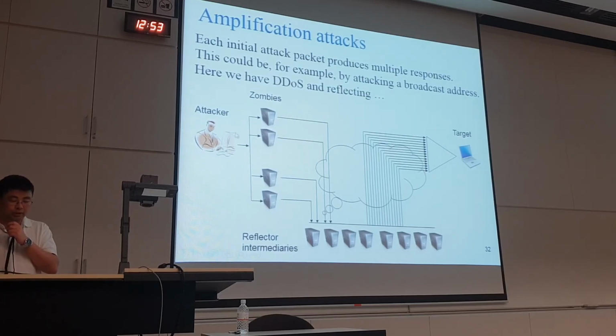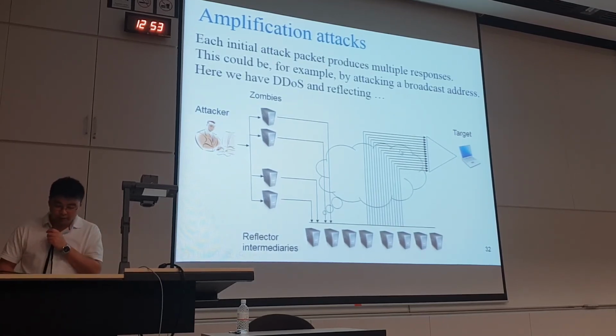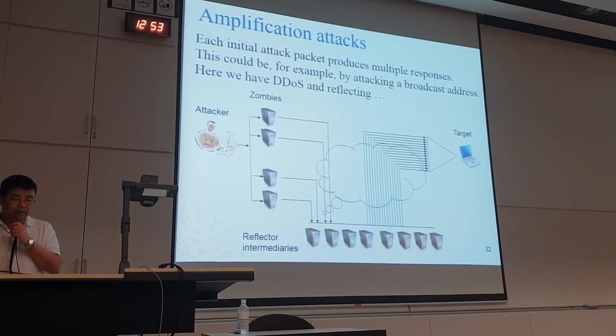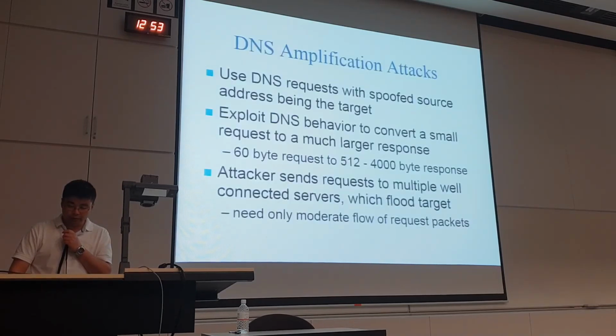For example, the attacker can control a set of zombie machines, and each zombie machine can send a packet to the reflectors. Reflectors then will send the response to the target. So in this case, you can create a huge volume against the target, and the attacker may not need a lot of resources to launch such an attack. So this is how the reflection can work.